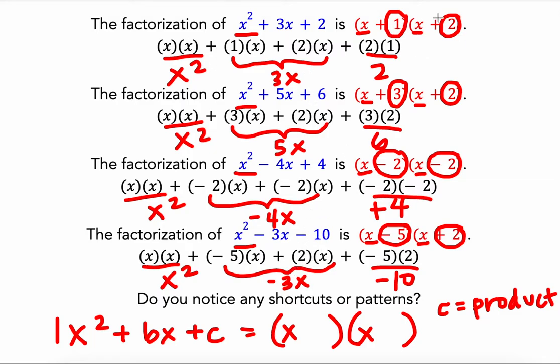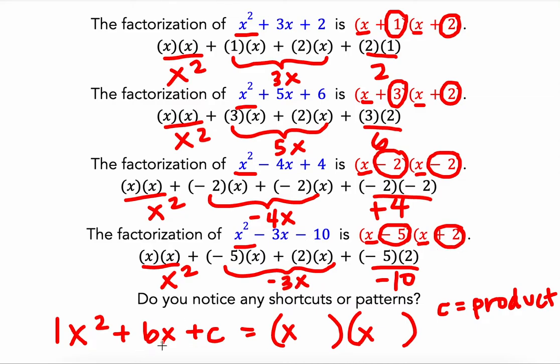Let's see if that relates to these two last terms over here in our two binomials. I get 3x here, and 1 plus 2 is 3. 3 plus 2 is 5. So far, so good. -2 plus -2 is -4. Okay. -5 plus +2 is -3.